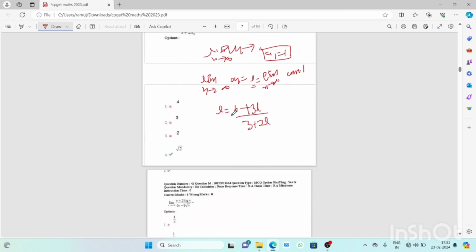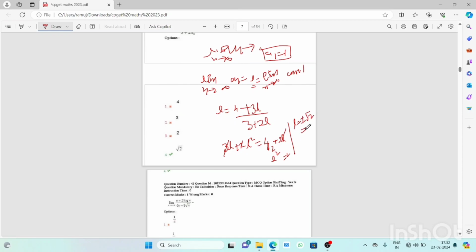So if you multiply this one, you get 3L plus 2L square is equal to 4 plus 3L. Here 3L cancels, and 2 ones are 2, twos are, you get L square is equal to 2. So from this you will get L is equal to plus or minus root 2.